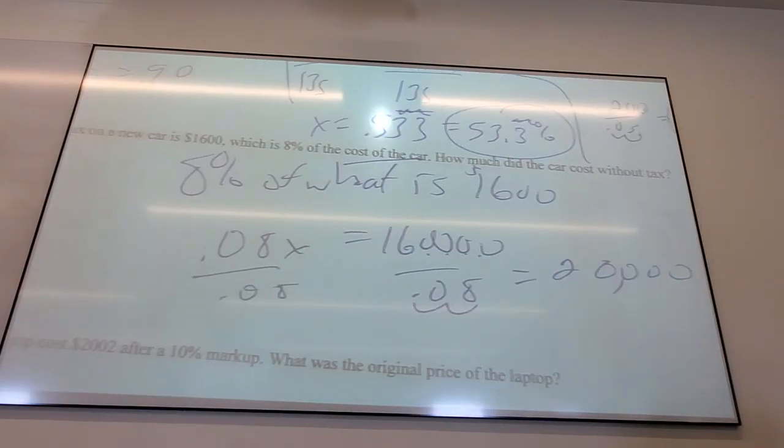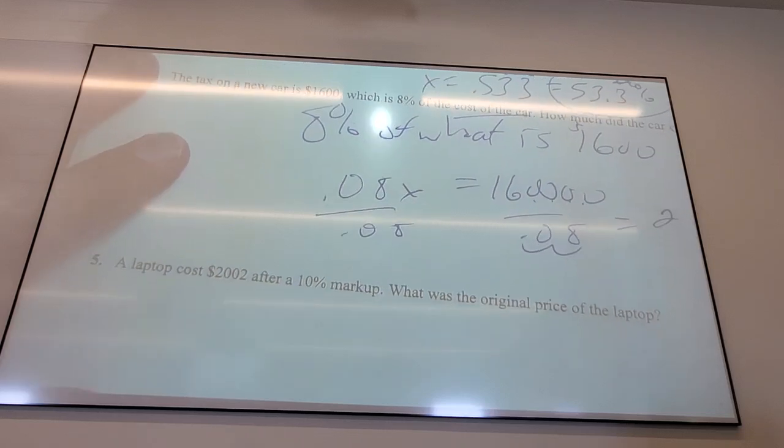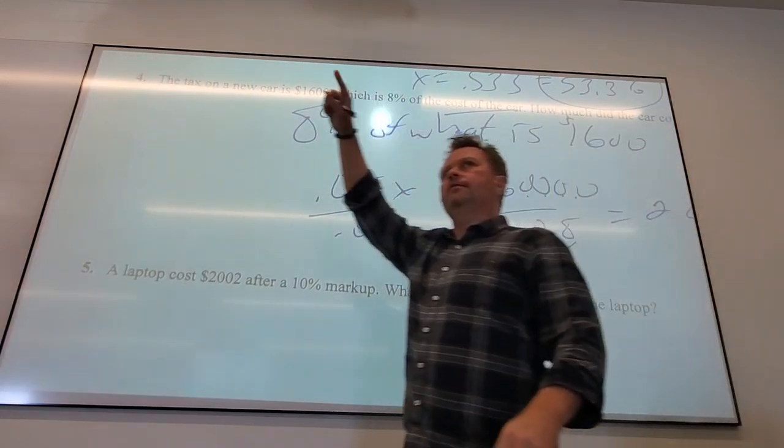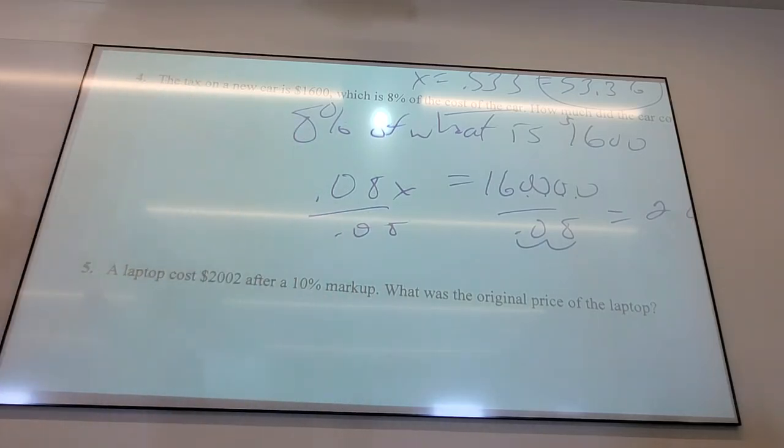To me, the easiest way to do number 5 is: $2,002 is what percentage of the original cost? The original cost is 100% of the original cost. That is a bold statement I'm making. So the 2002 is 110% of the original, yes?